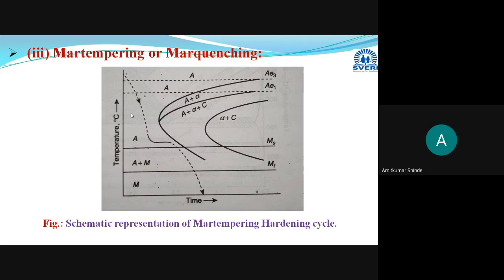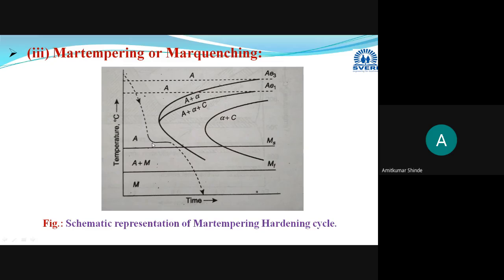Here the steel at higher temperature is termed austenitized steel, and it is cooled with a cooling rate faster than the critical cooling rate, which will just touch the nose and come to room temperature. But a faster cooling rate has to be selected.